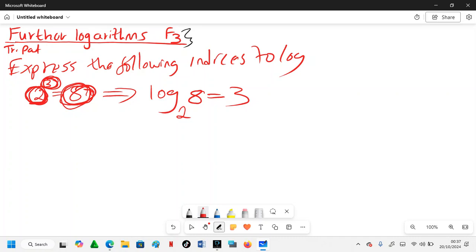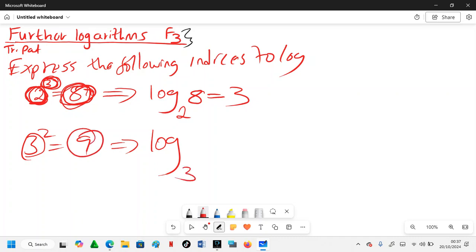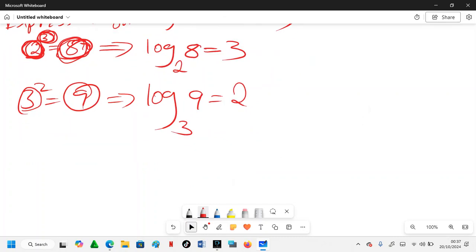Let's say you have 3 squared. Of course, 3 squared is 9. So in log form, we'll say the log to base 3 of 9 is equal to 2. We did this in Form 2.